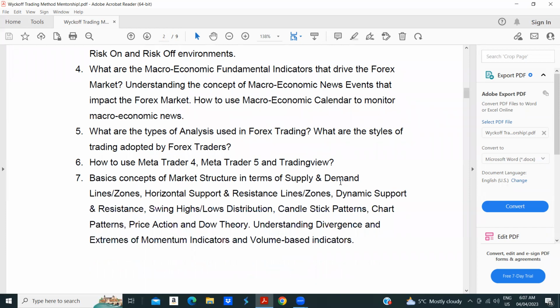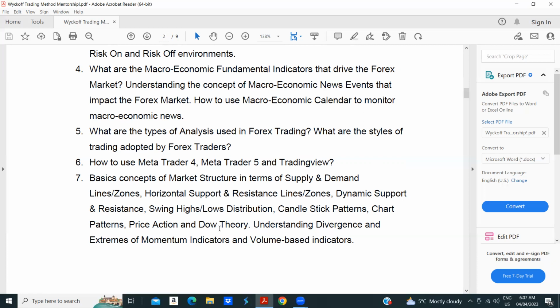After covering all this, we're going to head for the basic concepts of market structure, and we will define them in terms of supply and demand lines and zones. We're also going to discuss key levels like horizontal support and resistance lines and zones, dynamic support and resistance in terms of moving averages, the swing highs and lows distribution within the market structure, candlestick patterns, of course chart patterns, price action, and the Dow theory.